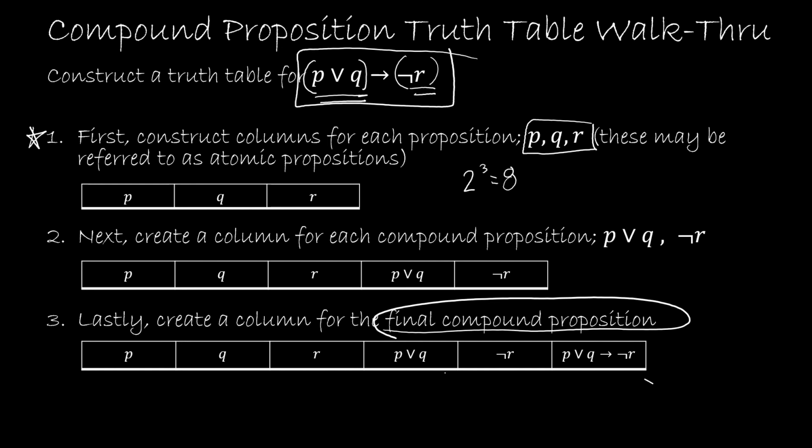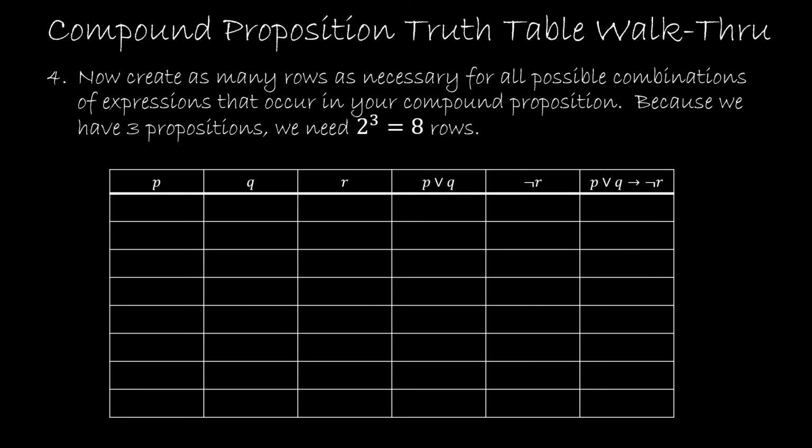So that's all of the columns that I need. You can see how this might very quickly become several more columns. But right now we have 6 columns, and we now have 2 to the 3rd, or 8 rows. So this is what our compound proposition truth table would look like.